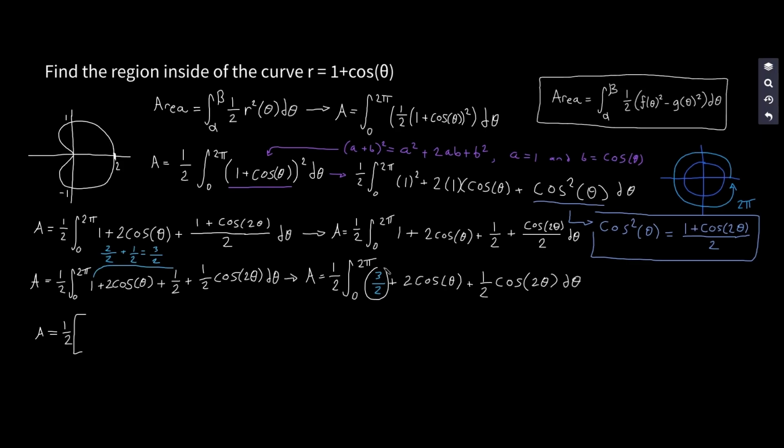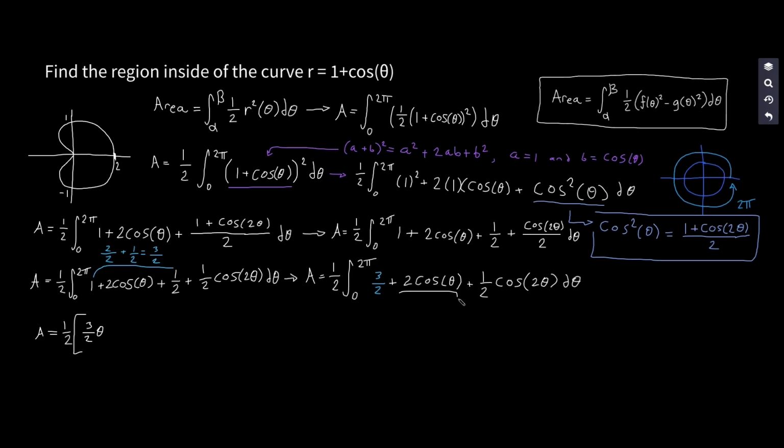The integral of 3/2, well, 3/2 is a constant, so this is going to become 3/2 theta. The integral of 2 cosine of theta: if we want to anti-differentiate, we'll factor out that 2 for a second, take the integral of cosine, and the integral of cosine is sine.